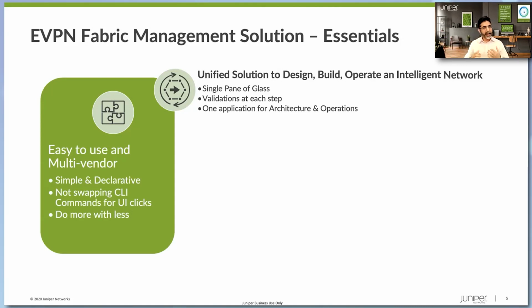And it's actually doable, and most effectively done, if your architecture and operation teams get the same pane of glass. That way they do what they want to do, and then they can actually see what is deployed and operated. So with a unified solution, you need a single pane of glass to do your network lifecycle across the life of your network.